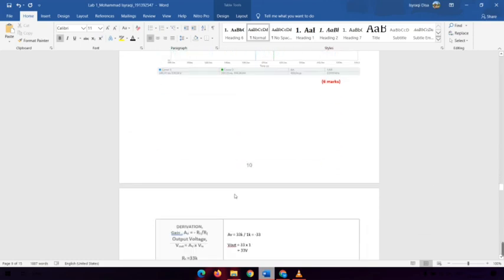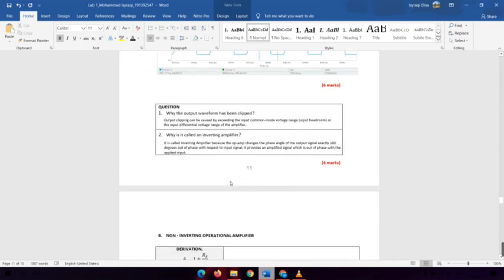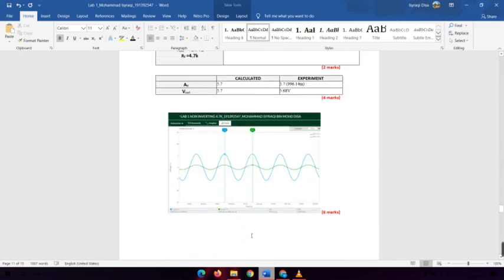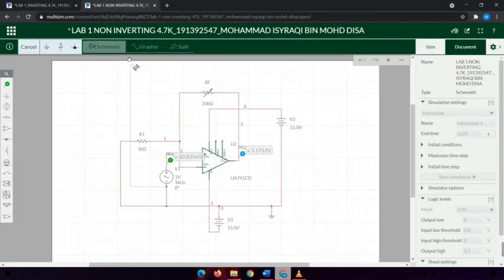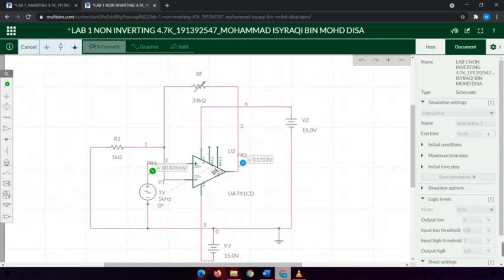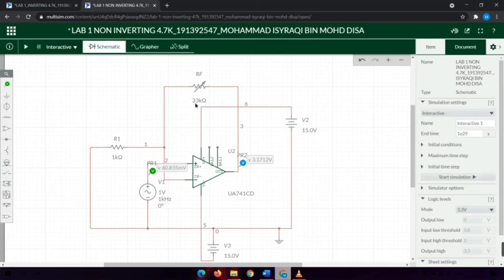For the non-inverting amplifier, we investigate the op-amp used as a non-inverting amplifier. We connect all the components based on the lab sheet with the AC voltage connected to the positive node of the operational amplifier, and then we change the value of RF with 3 types of value: 4.7k, 10 kilo ohm, and 33 kilo ohm.